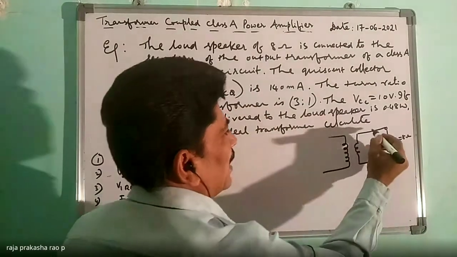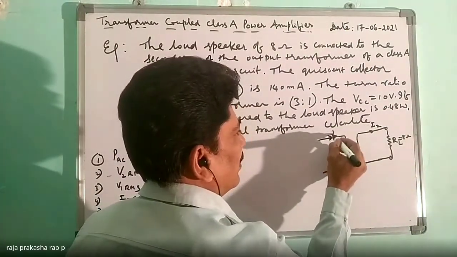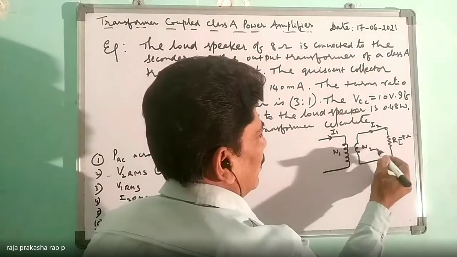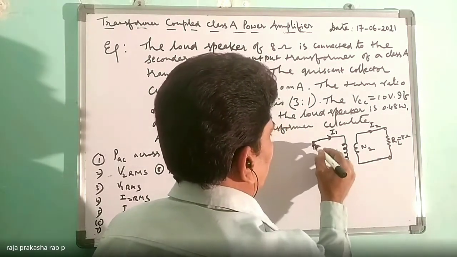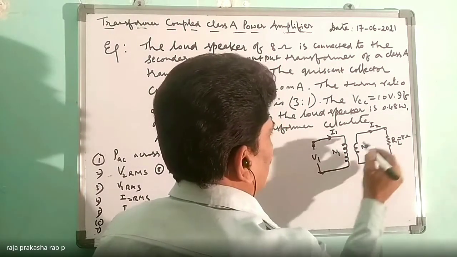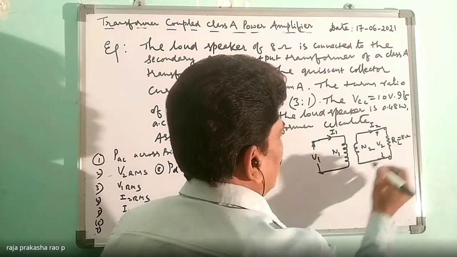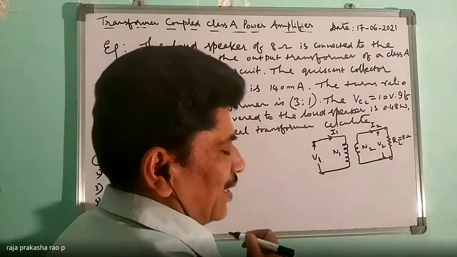This is I2 and this is I1, N1, N2, and this is V1, this is V2 for the transformer. So what is V1?